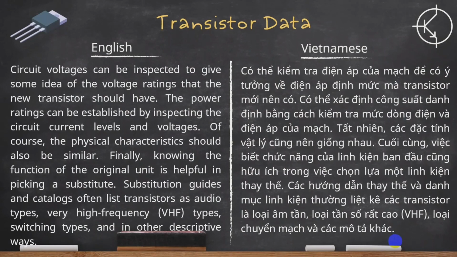The power ratings can be established by inspecting the circuit current levels and voltages. Of course, the physical characteristics should also be similar. Finally, knowing the function of the original unit is helpful in picking a substitute. Substitution guides and catalogs often list transistors as audio types, very high frequency, VHF, types, switching types, and in other descriptive ways.